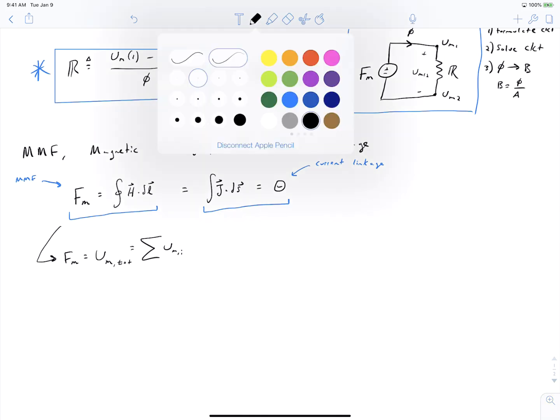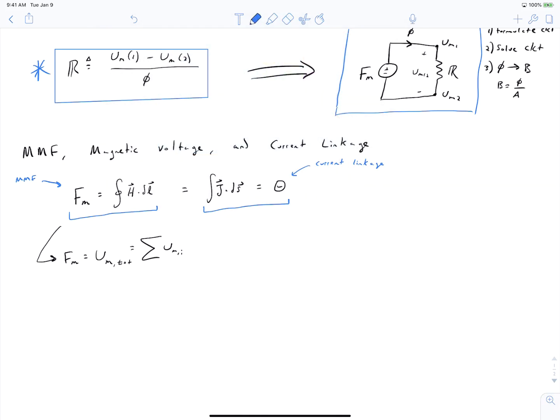Current linkage is equal to MMF, but we distinguish it physically. So in math land, they're equal. There's an equal sign right here, right? But physically, we talk about current linkage as being the source term, the physical phenomenon that makes this happen. So what you'll see is that you can talk about current linkage as being the sum of the currents that link a path.